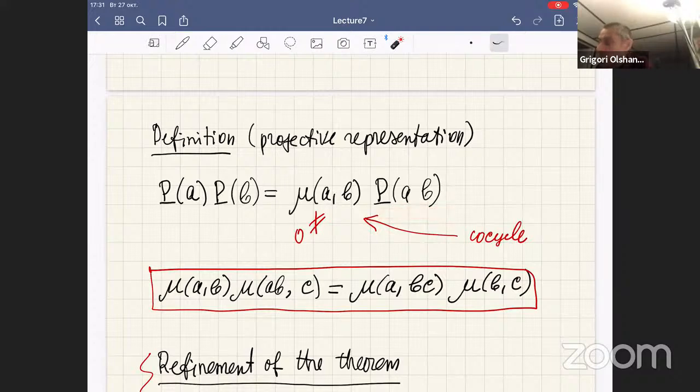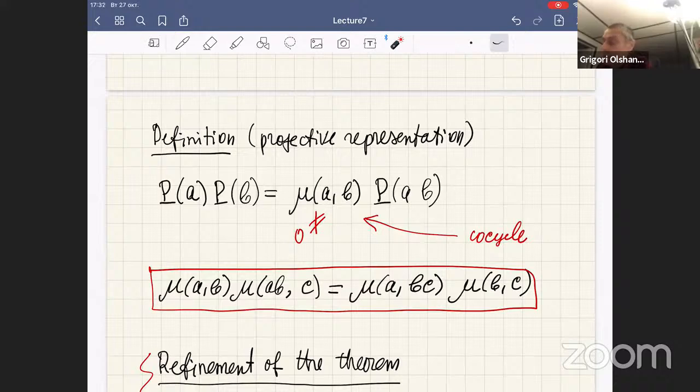I only want to insist that this function, a number function in two variables A and B, satisfies this condition. I impose this condition, and if it is satisfied, the definition is correct.